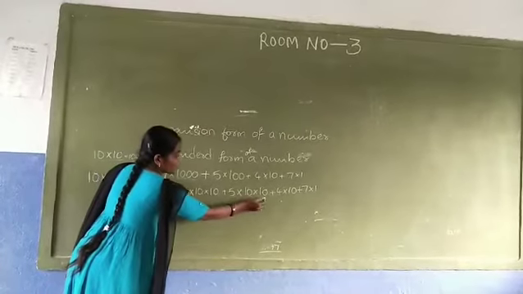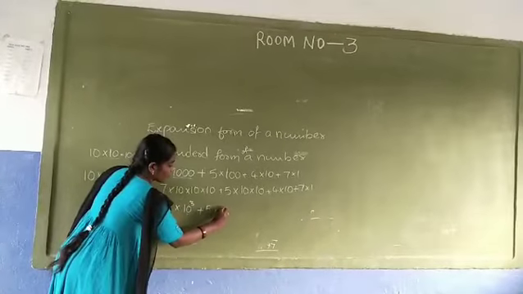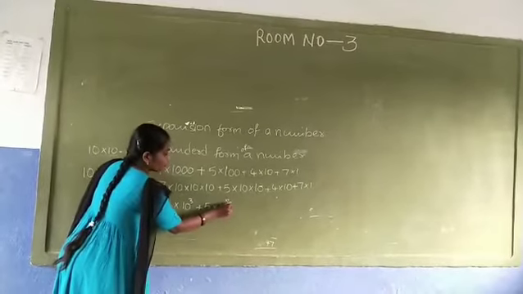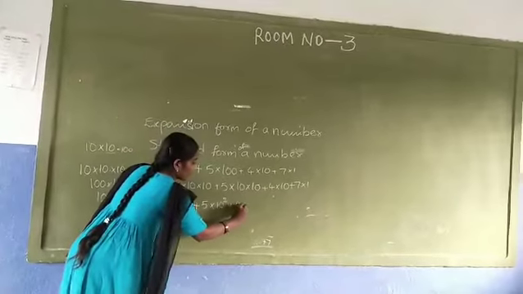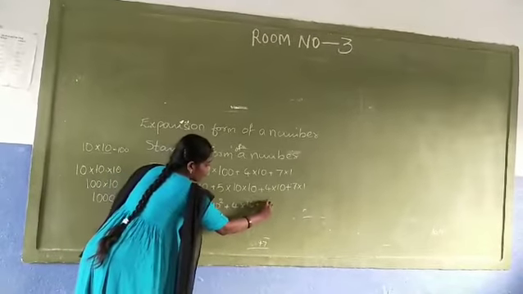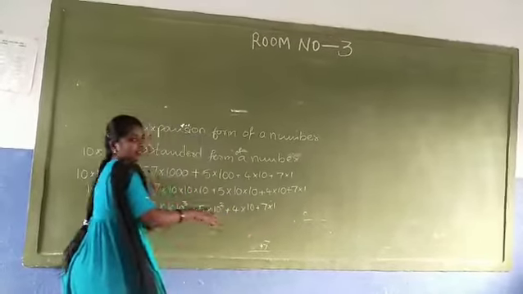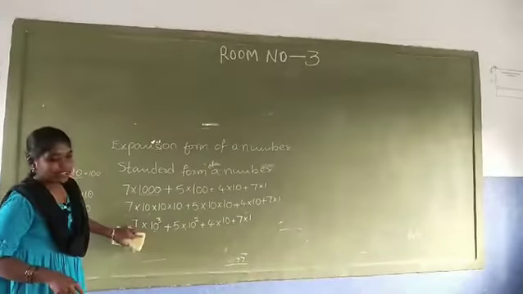In this place, how many tens do we have? 2 tens. 5 into 10 square. We have 2 tens, that's why I am writing 10 square. Here we have only one 10, so I am writing the same, 7 into 1.